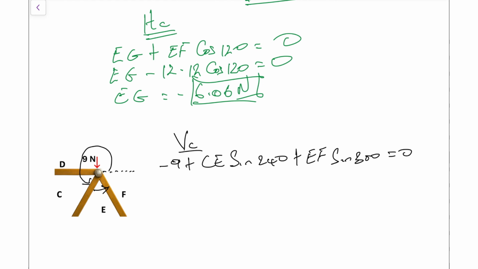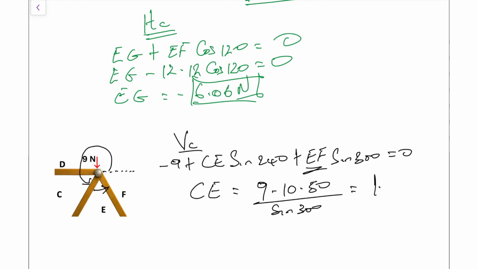To cut to the chase, we already have EG, we already have EF, so let's just substitute those values. So CE would be equal to 9 minus 10.50, and that's all going to be divided by sin 300, which gives us 1.73 newtons, and that's our final member.